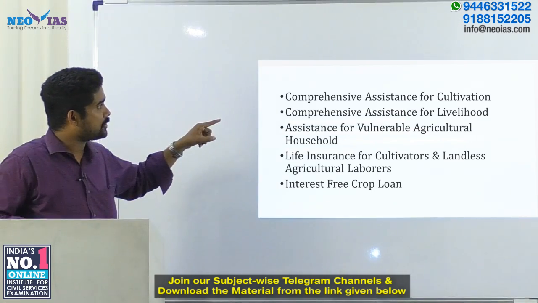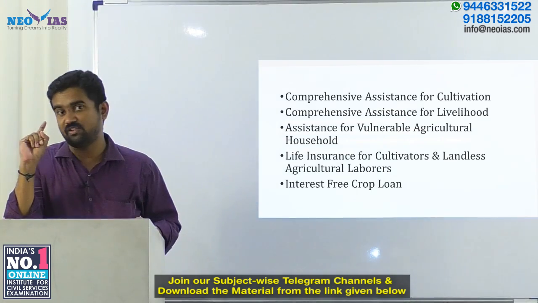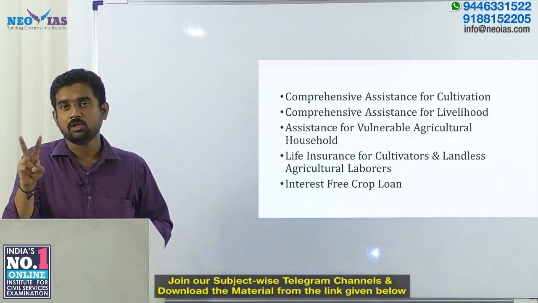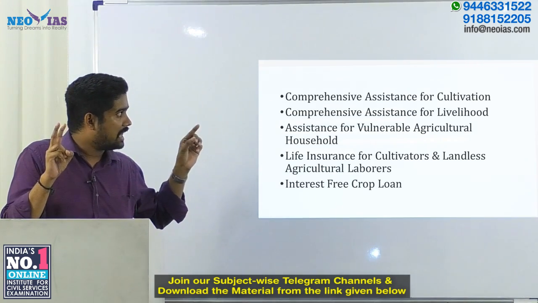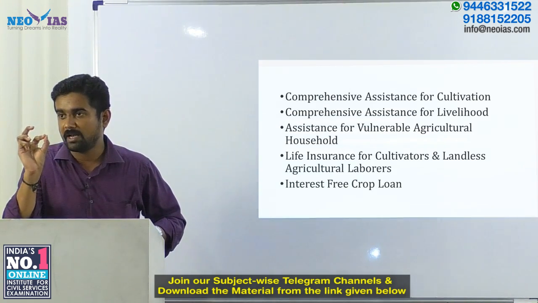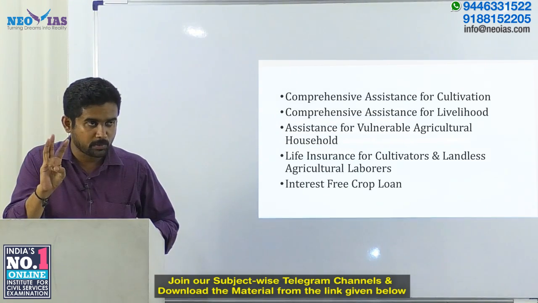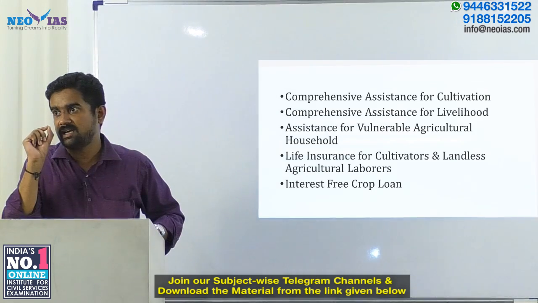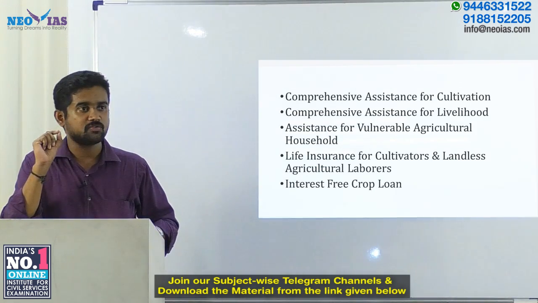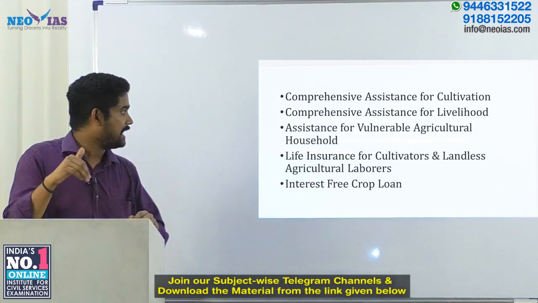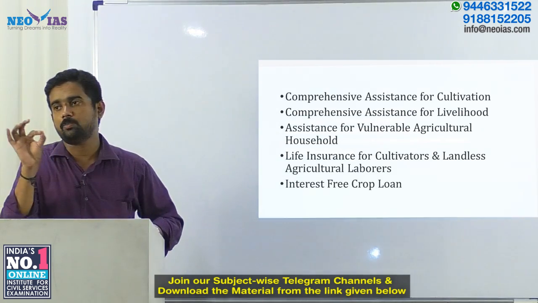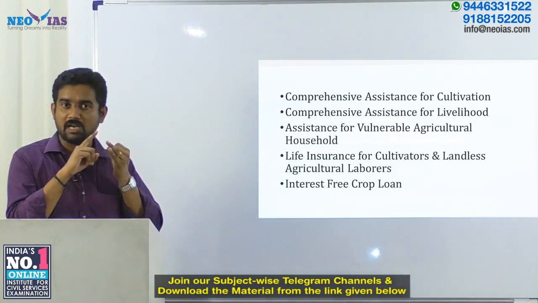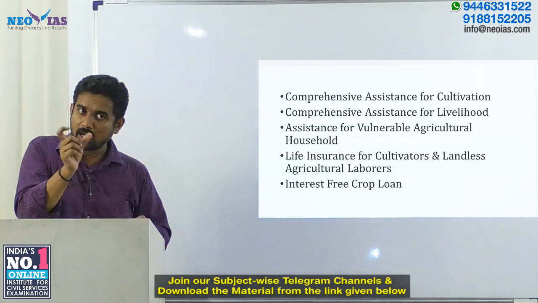The first one is comprehensive assistance for cultivation, then comprehensive assistance for livelihood, and the third component is assistance for vulnerable agricultural households.